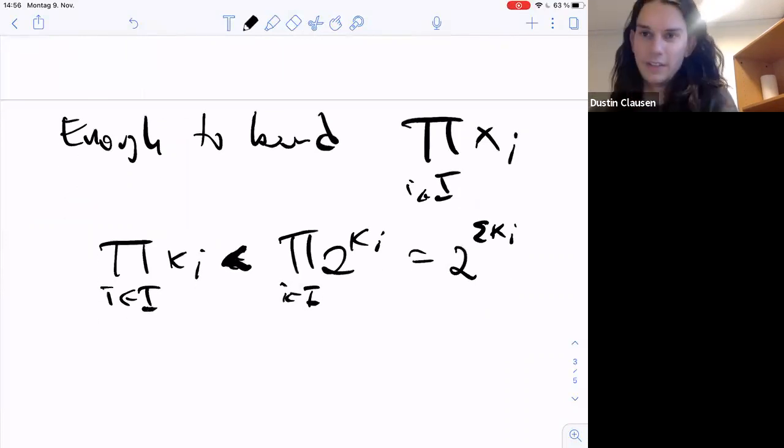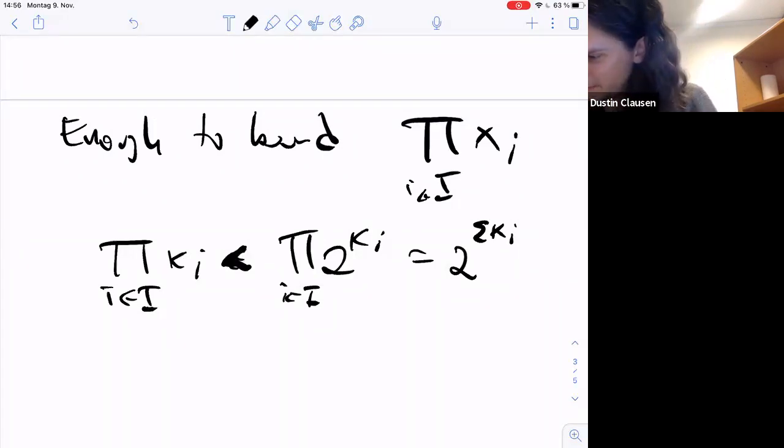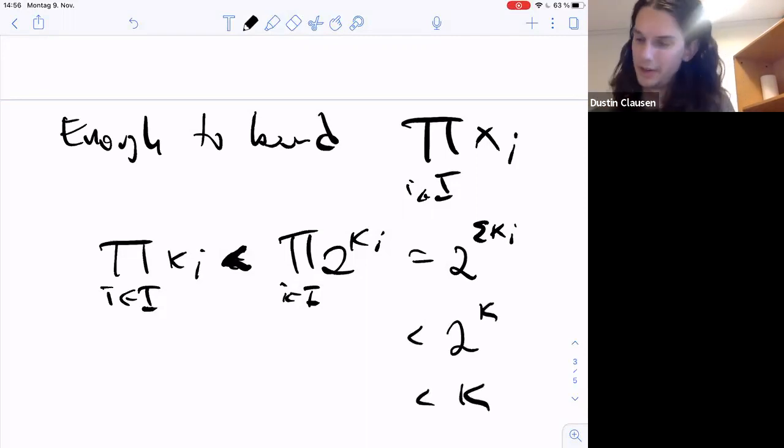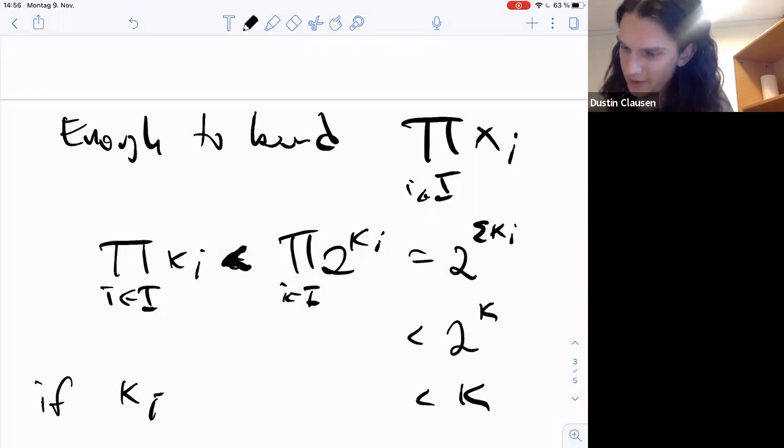But now if each of these is smaller than the cofinality, then by definition of cofinality, their sum is still smaller. But that is also less than kappa by the definition of strong limit cardinal. Sorry, so, not 2 to the kappa. What's that? Not 2 to the kappa, 2 to the max of the kappa I. No, but sorry, I was about to add if kappa I are all kappa small.